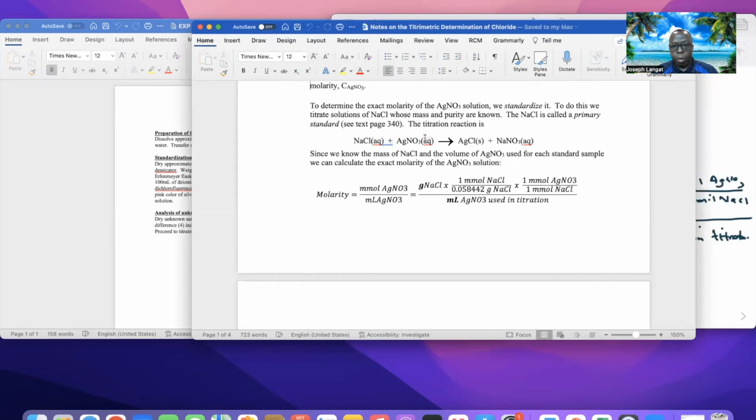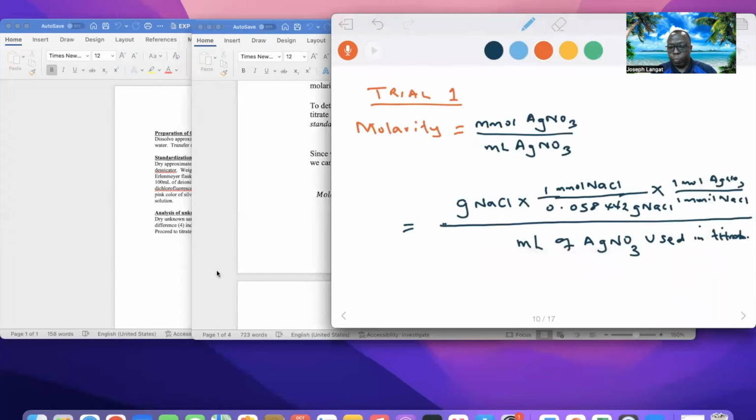This is the chemical equation representing the reaction between moles of sodium chloride and moles of silver nitrate. It is 1 to 1. This is in the flask, and this is the titrant in the burette, and the mole ratio is 1 to 1. This is the molarity of silver nitrate, which is the same as the equation I have here. I need to label this.